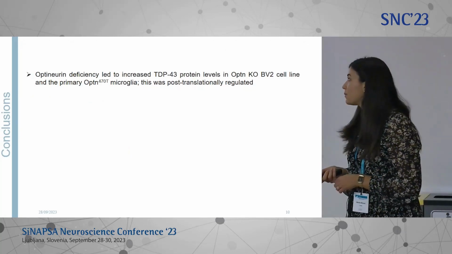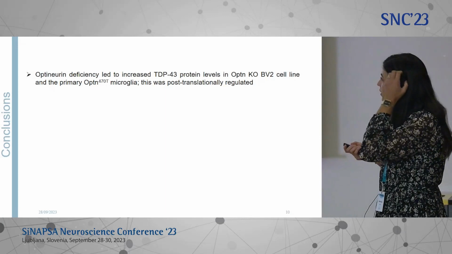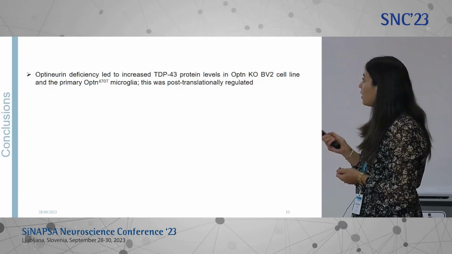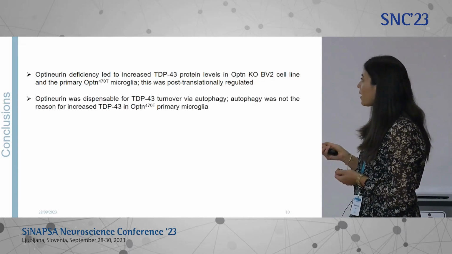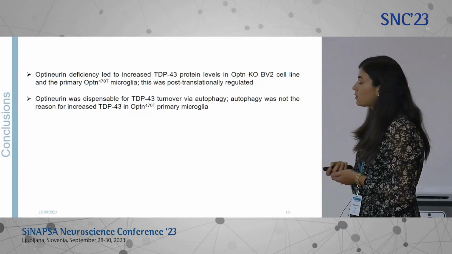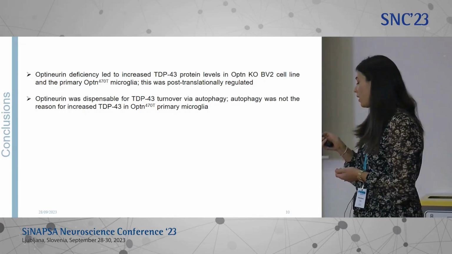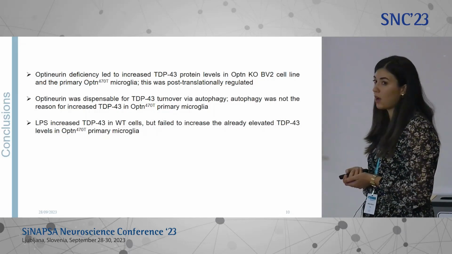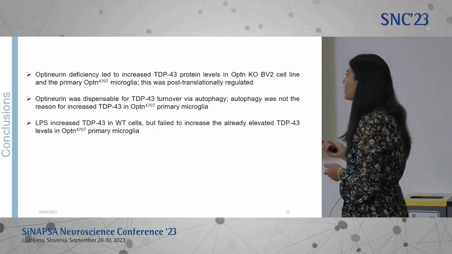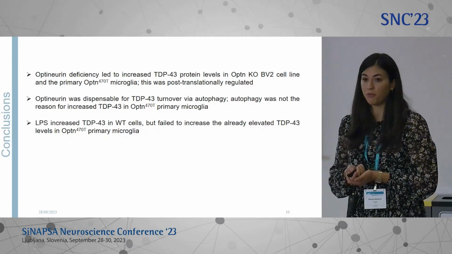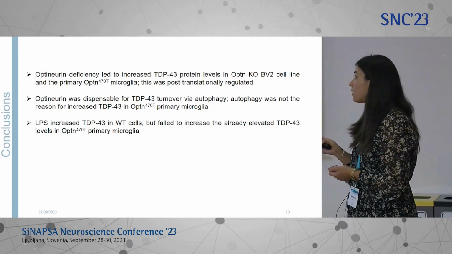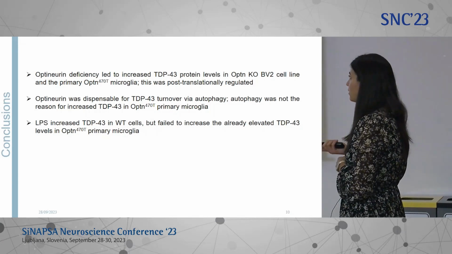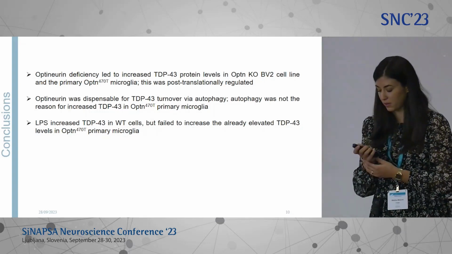To conclude, I showed you that our optineurin-deficient or insufficient cells have increased TDP43 protein levels, that this change is post-translationally regulated, and that autophagy is not the reason why we have more TDP43. I also showed you that LPS increased TDP43 in wild-type cells, and that this increase is mostly nuclear, but fails to increase TDP43 in knock-in cells, which already have an elevated state of TDP43 as in basal conditions.